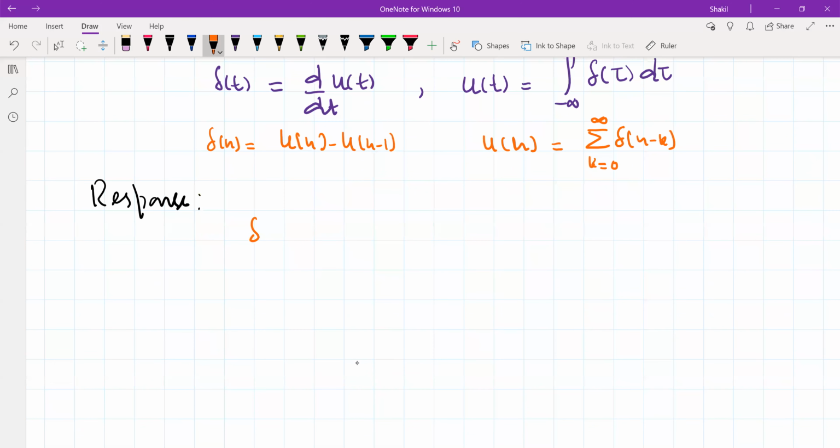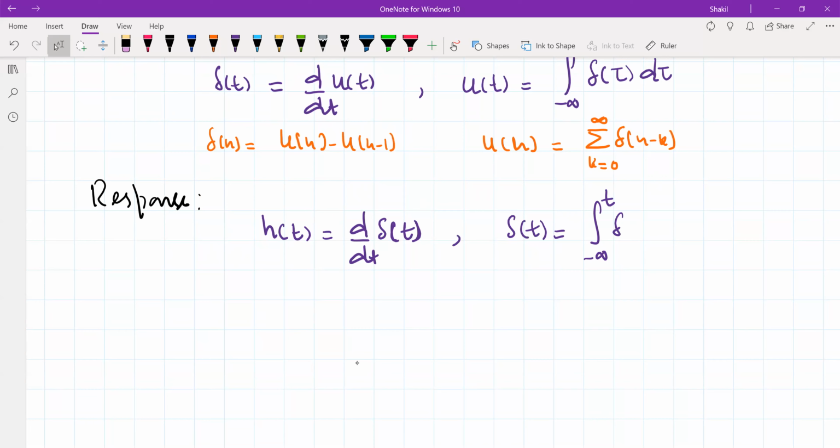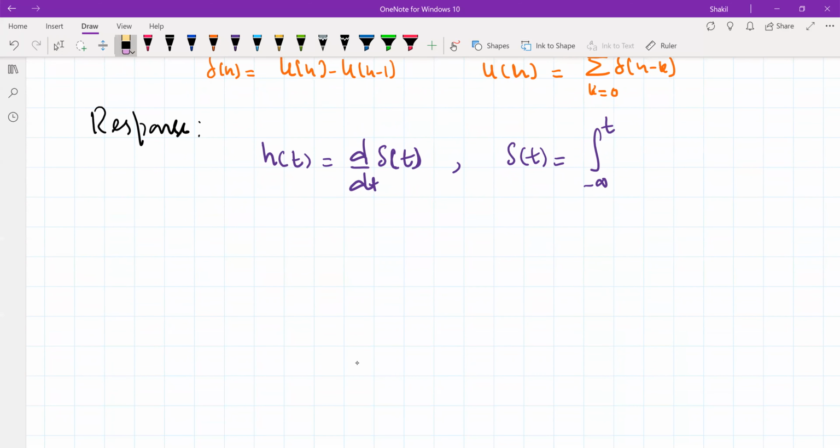In the continuous time domain, you can calculate the impulse response h of t by differentiating the step response, or you can calculate the step response by integrating the impulse response.